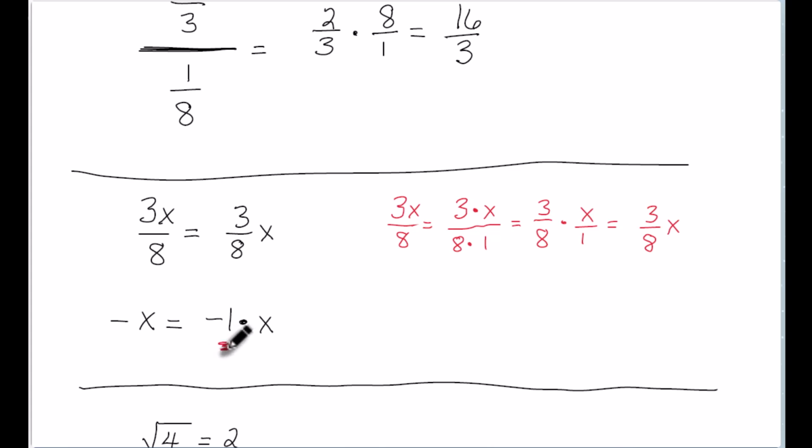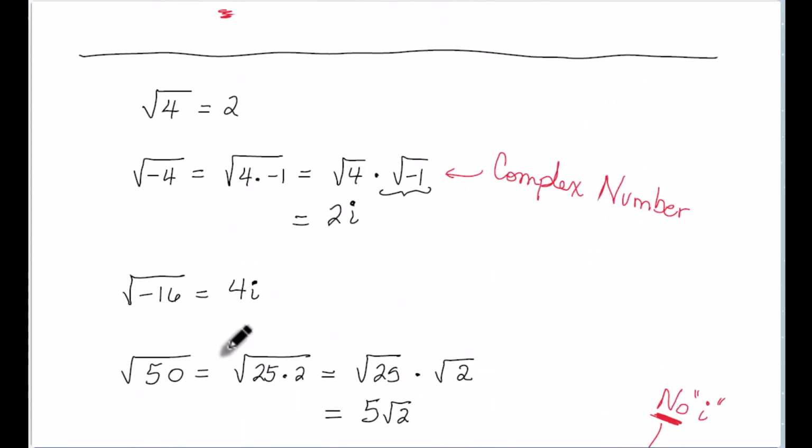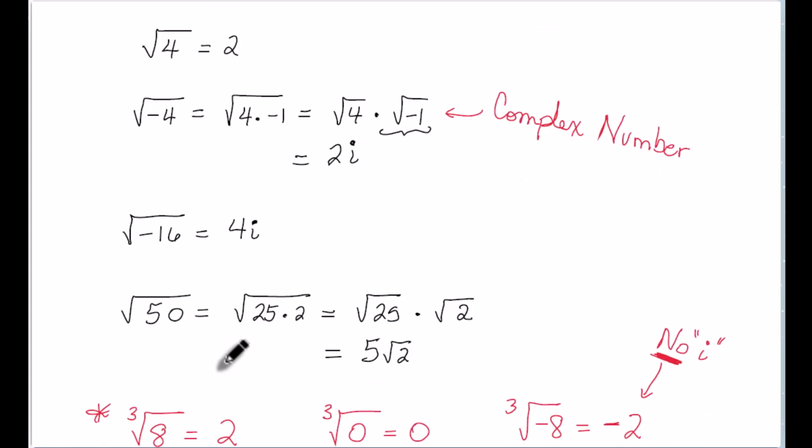Let's talk a little bit about radicals. So if I've got a square root of 4, that's 2, because 2 squared is 4. If I've got the square root of -4, there are no real numbers that when multiplied together would give me -4, because they have to be the same number. So what happens?